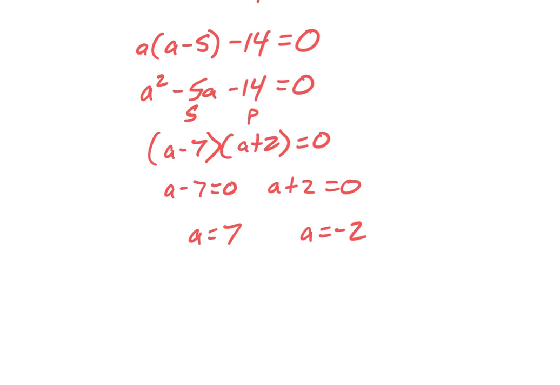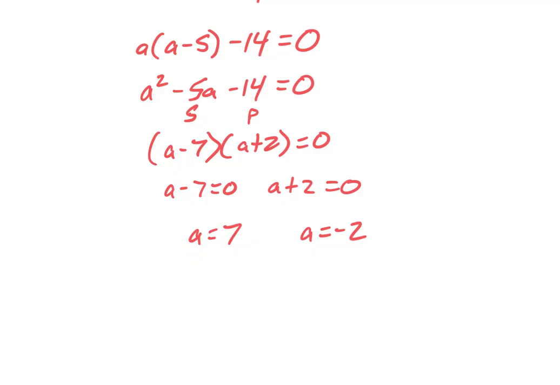Okay, so notice the difference here. If this is 7, what's the factor? It's a minus 7, right? Because it's the opposite. If the 0 or the solution is -2, then my factor is a plus 2. So these two are opposite because I got to set it equal to 0 to solve it.